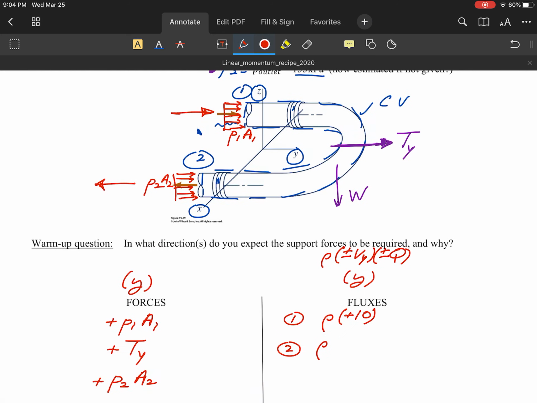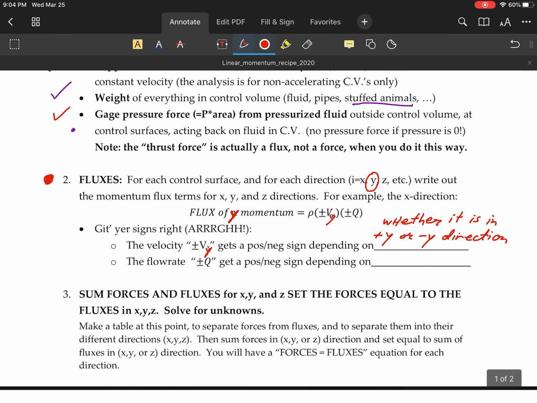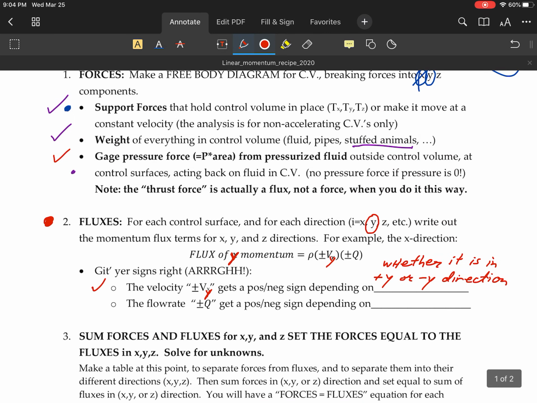The velocity for location 2 down here, this v2, which is the same as v1 because the area is not changing, is going to be a negative 10 because it's in the negative y direction. So far we're trying to form these products of the rho VQs. Okay, that is how you get the sign right on the velocity.